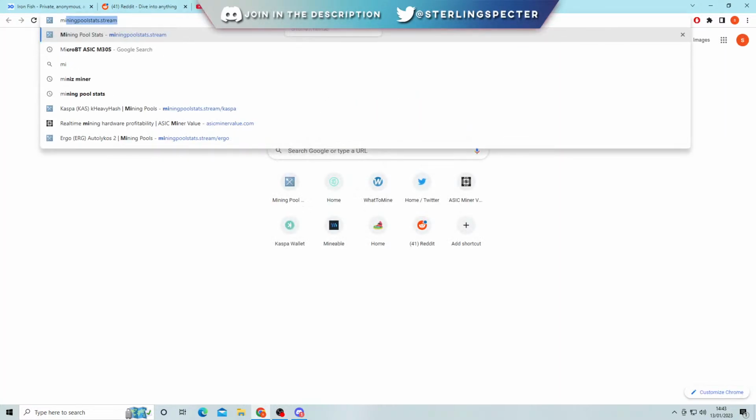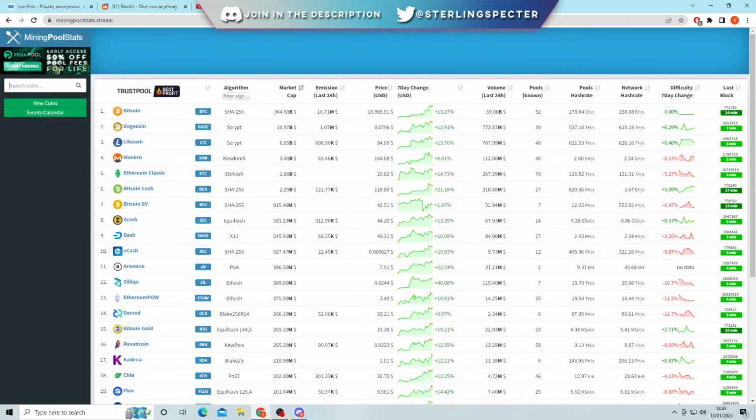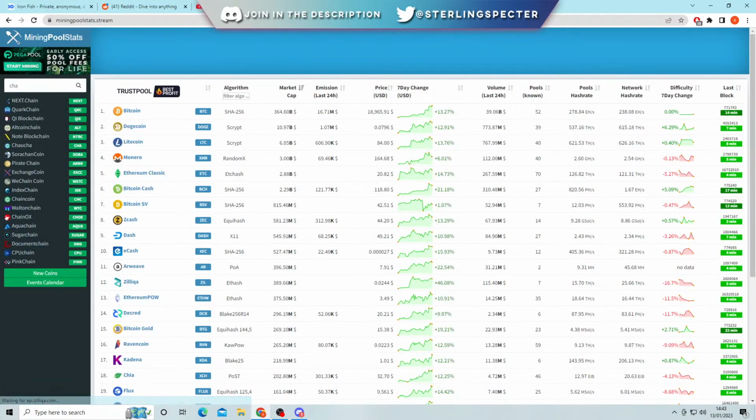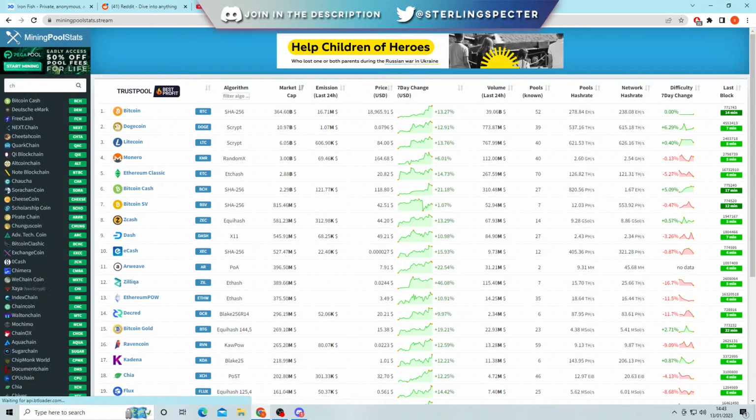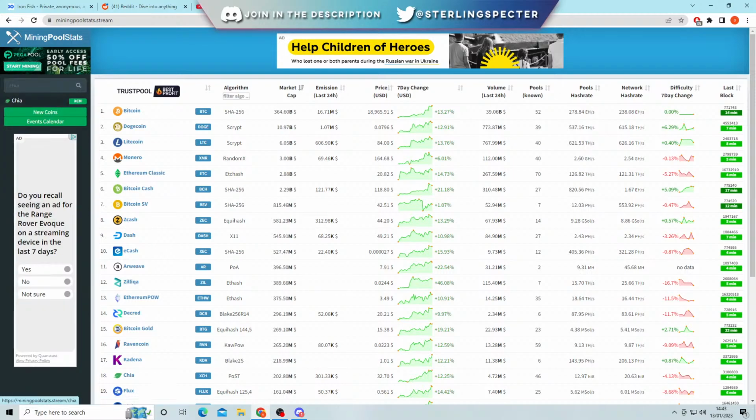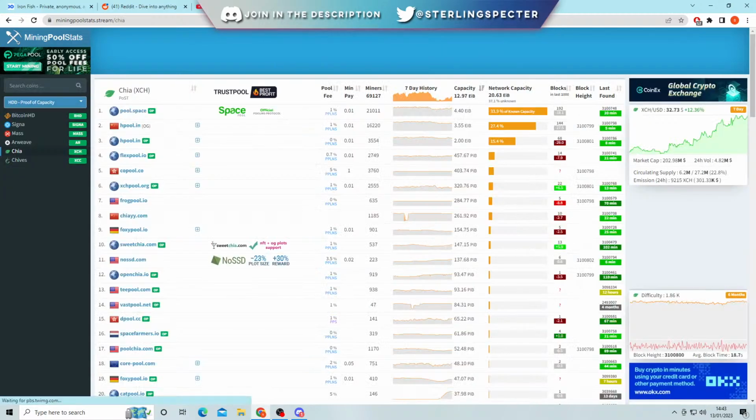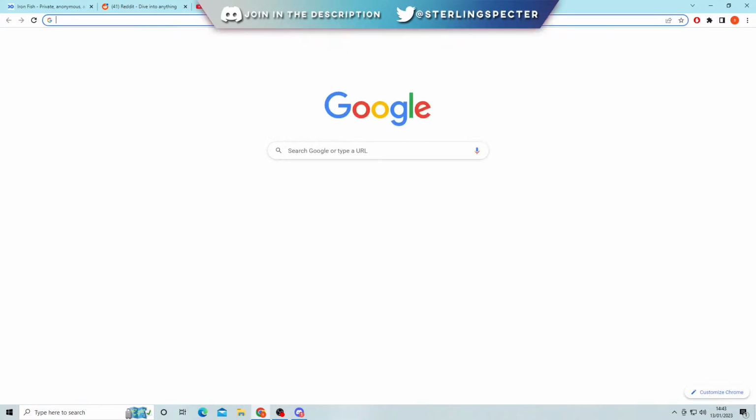So if we go on mining pool stats, we can see how many pools there are for Chia. But this coin actually had a massive price spike way back, maybe a year ago, something like that.